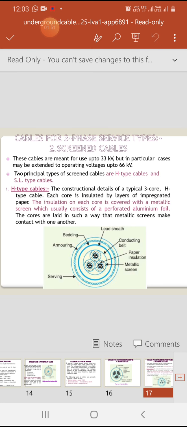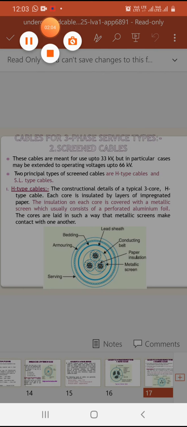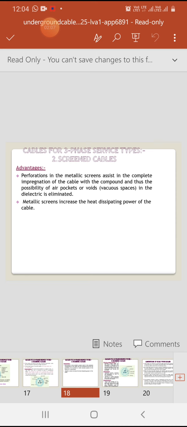The principal advantages claimed for H-type cables are, firstly, the perforations in the metallic screens assist the complete impregnation of the cable with the compound, and thus the possibility of air pockets or voids in the dielectric is eliminated.